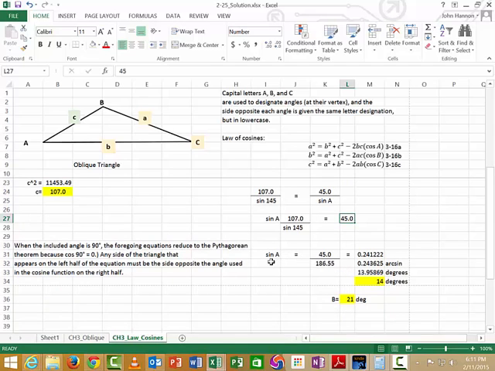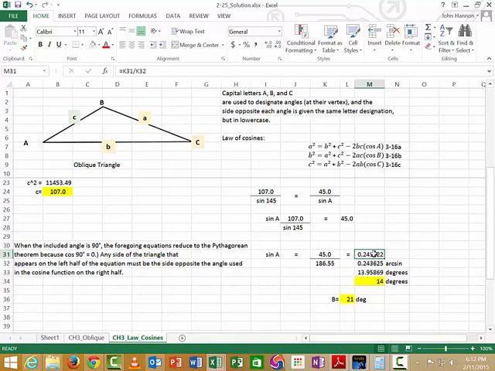Then to get from here to here, I multiply both sides by the ratio, which isolates sine A and puts the ratio underneath 45. So this division equals 186.55. So that's how I got from here to here. The example doesn't show that.